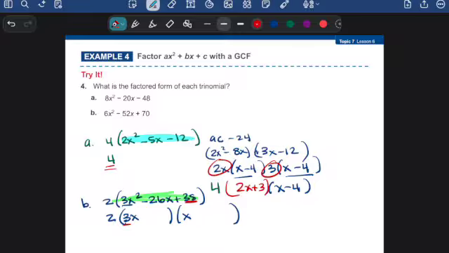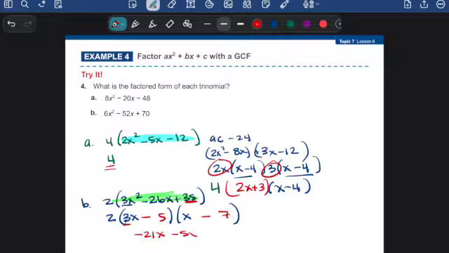What if I did a 7 here and a 5 here? I'd get 21 and 5. I think that can get me a 26. Because 3x times 7 would give me 21. And the 5 times the x would give me a 5. So let's figure out. They're both going to be negative because that linear term is negative. Let's double check. 3x times negative 7 is negative 21x.